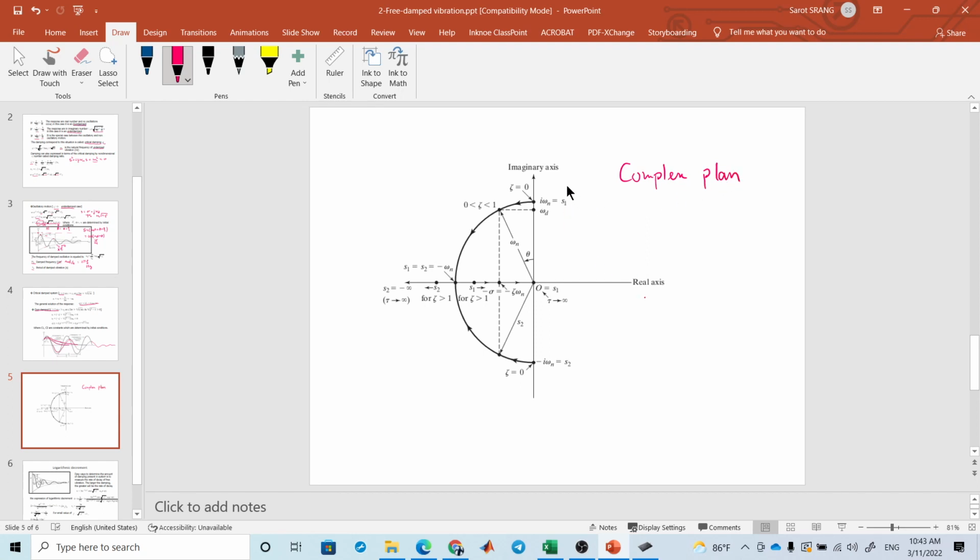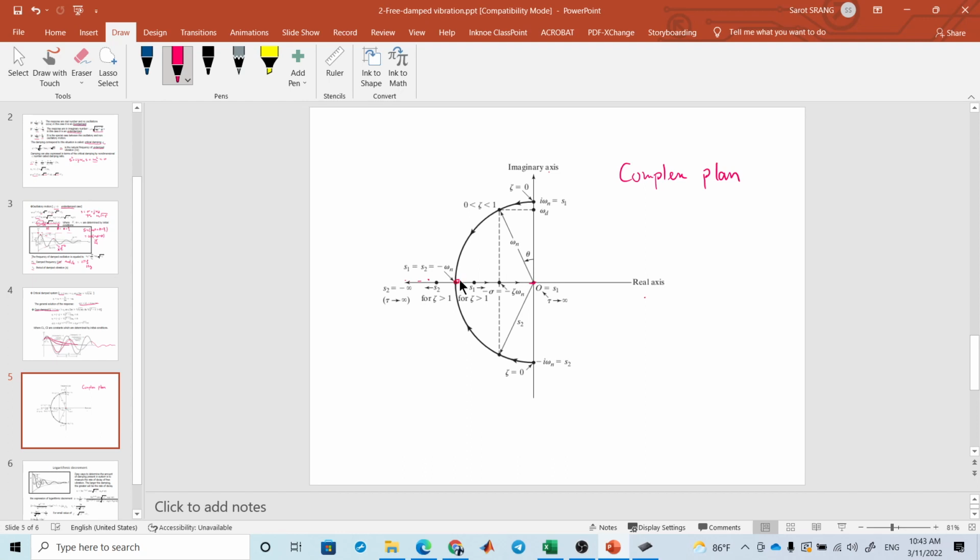So you have the real axis and the imaginary axis. In the case of zeta greater than or equal to 1, the roots S1 and S2 are always on the real axis like this. Okay.